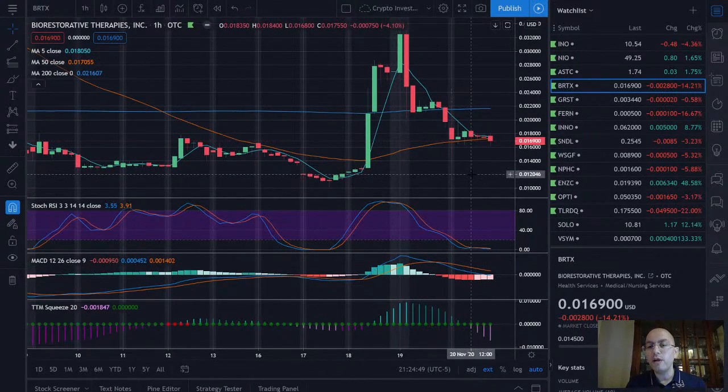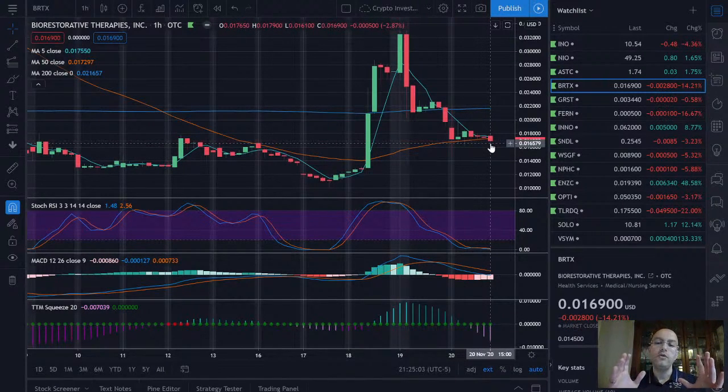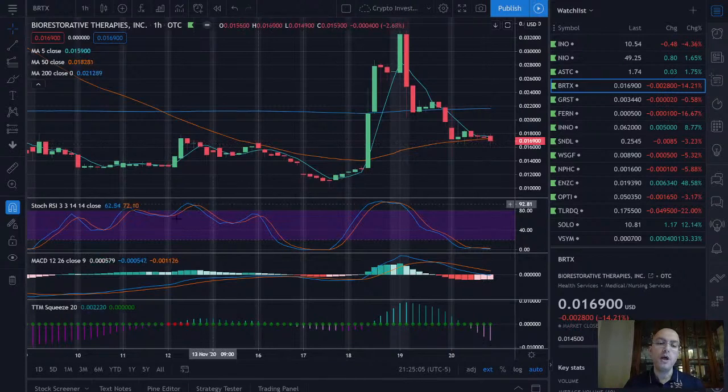If you remember from our last lesson, we said the 5-hour moving average is normally closer to the price action than the 50-hour moving average or the 200-hour moving average. So similar here, the 12 right here is the faster one, and the 26 is the one that is slower, and the 9 is the delta, so the average.